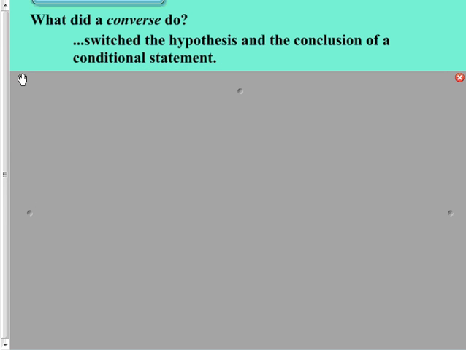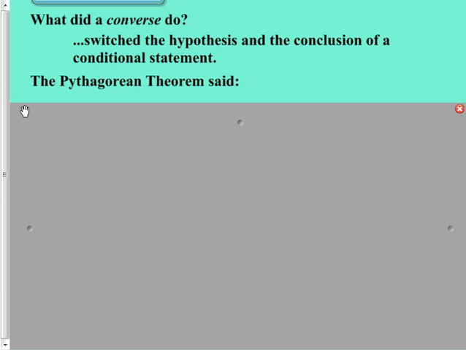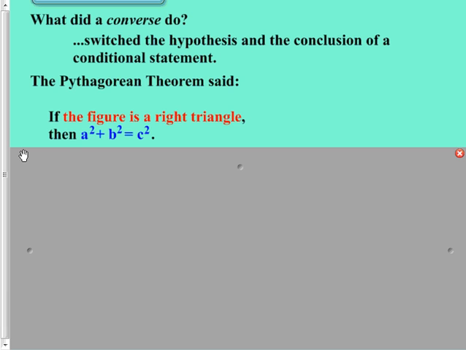Now, some of you never did really get a grasp of this. That doesn't mean just to take the if and the then and switch them. It means to reposition the material so that the reverse of the statement is actually being made. So Pythagorean said, if your figure is a right triangle, then a squared plus b squared equals c squared.